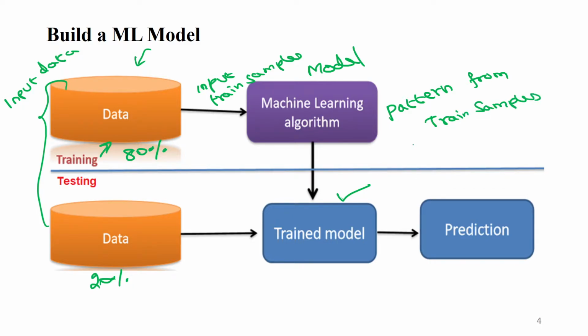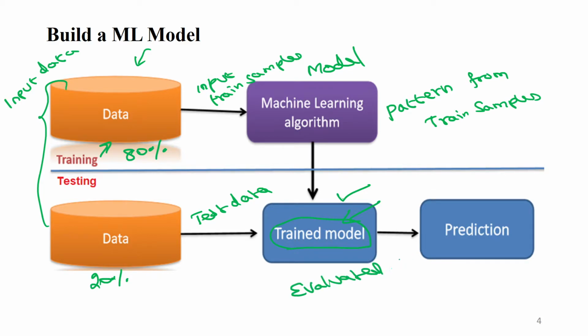Then after training, it will be trained. So it is called the trained model. Once a trained model is ready, then we can evaluate this trained model. Here this is the test data given as input. From the test data, the trained model is evaluated.